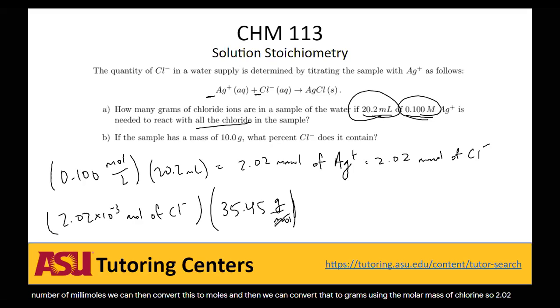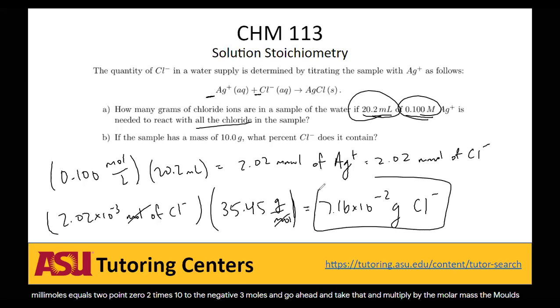The moles cancel out. Multiplying across, we get 7.16 times 10 to the negative 2 grams of chloride ions. Okay? So that's how you do that. And again, that's the whole idea behind titration.